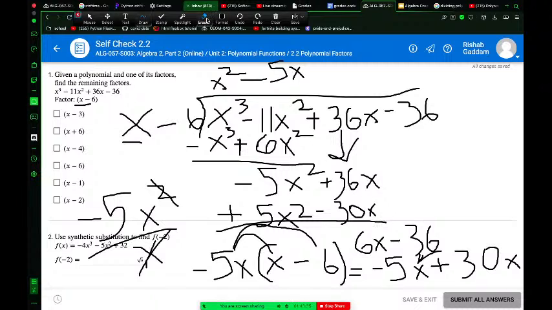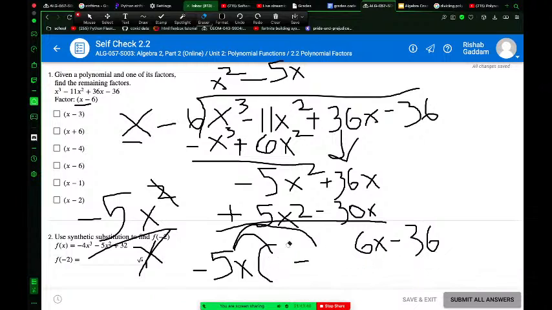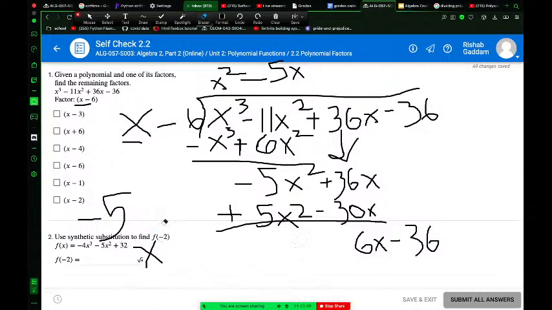Do you understand now? Yeah. It's really not that difficult at all. So how about you keep going? So what do you do next, after this? So then you do 6x minus 30.